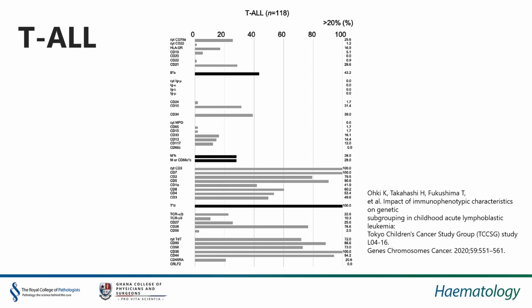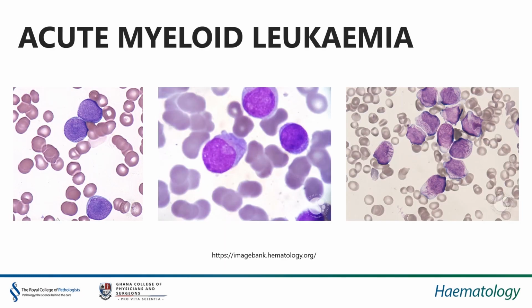So moving on to acute myeloid leukemia, I'm going to go through the phenotyping of the subgroups in AML, and we're going to cover some of the morphology as well, where the morphology and the phenotype could show some correlation. However, it's very important that I say that the morphology and the phenotype should not be used as a substitute for genetic studies.